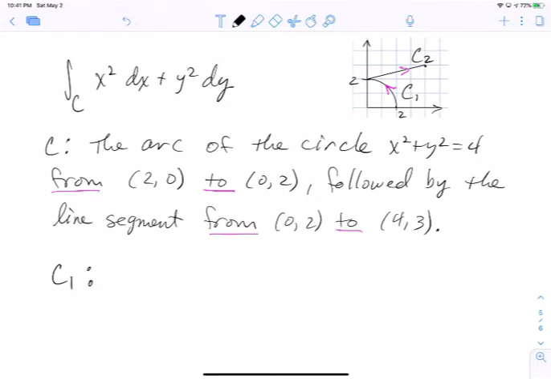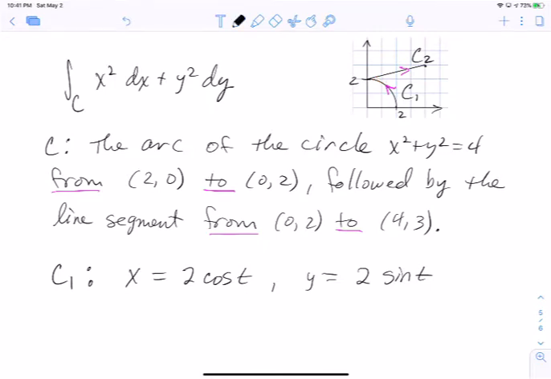The parameterization of a circle, a good parameterization, is x equals 2 times the cosine of t, y equals 2 times the sine of t. That's a good general parameterization of a circle whose orientation is counterclockwise.